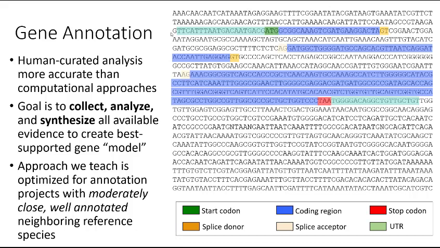And so even someone who's relatively not an expert at this, humans are better at synthesizing the various pieces of evidence to come up with the best possible model of where that particular gene lies on the DNA. And so our goal is to really collect and analyze and synthesize all of that evidence to create the best possible prediction of where that particular gene lies.